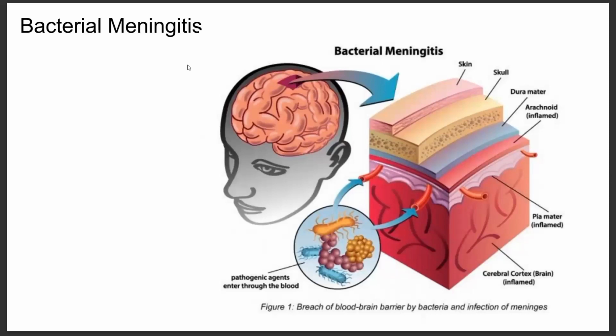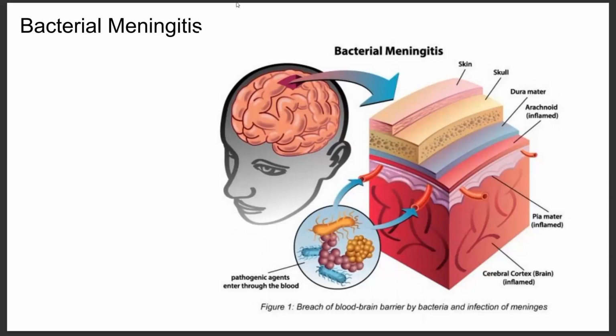Here the affected organ is the nervous system. This is caused by bacteria. Streptococcus pneumoniae, Haemophilus influenzae, and Neisseria meningitidis can cause bacterial meningitis. Here again the portal of entry is the respiratory tract.